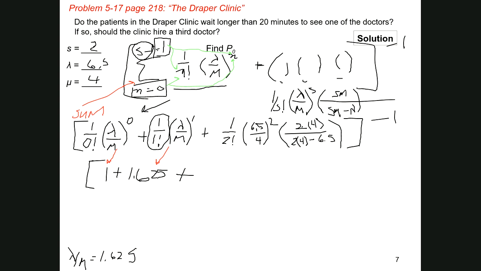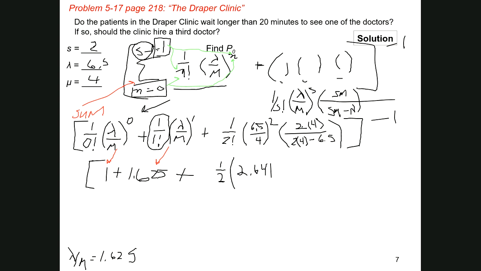Now we're going to calculate these other terms. 2 factorial is just 2, so this is 1/2 times 6.5 divided by 4, squared, which turns out to be 2.641.